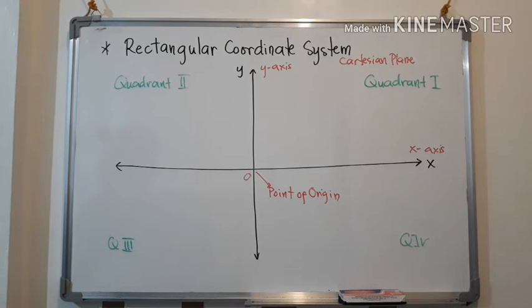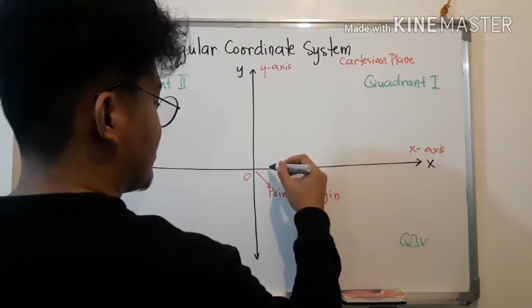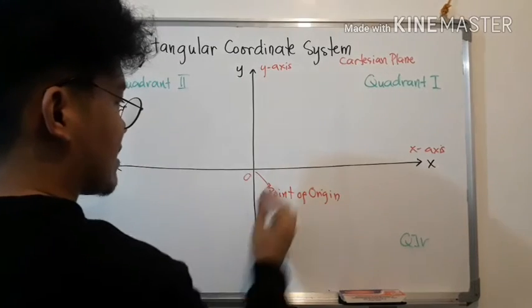Now, as I said a while ago, this rectangular coordinate system will be used to describe the position of a point in a plane. First we equally divide the axis.